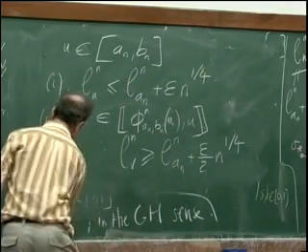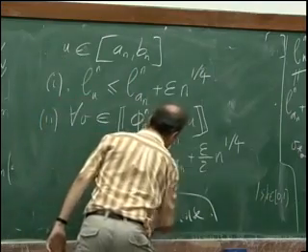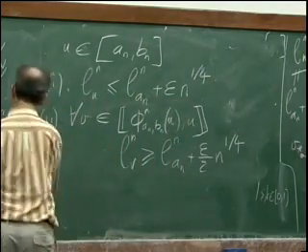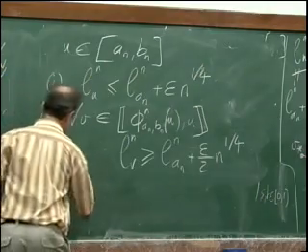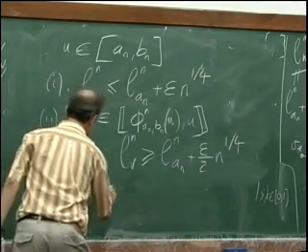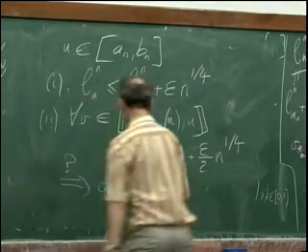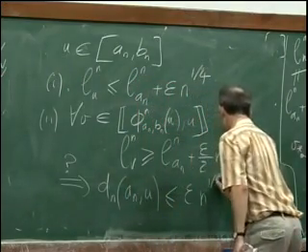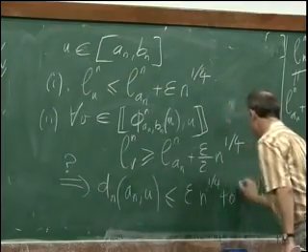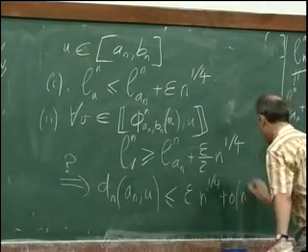Okay, so what I'm saying is that essentially I want to conclude that under these two properties, I have dn from an to u, which is less than epsilon n to the power quarter.